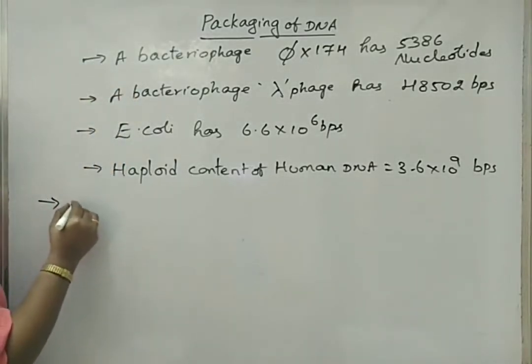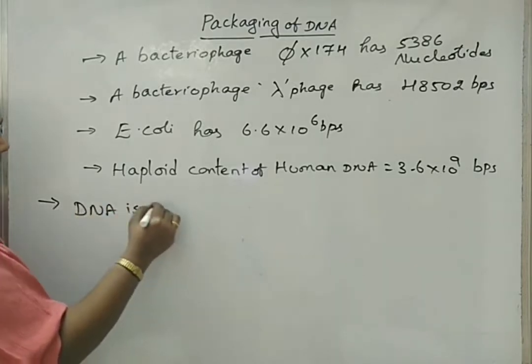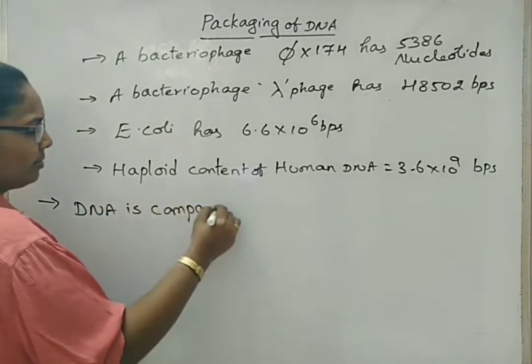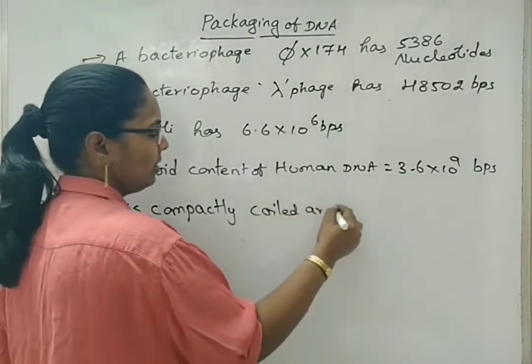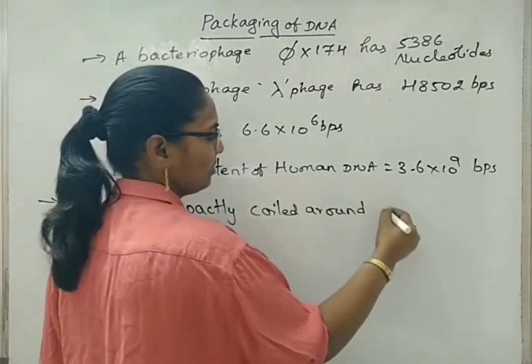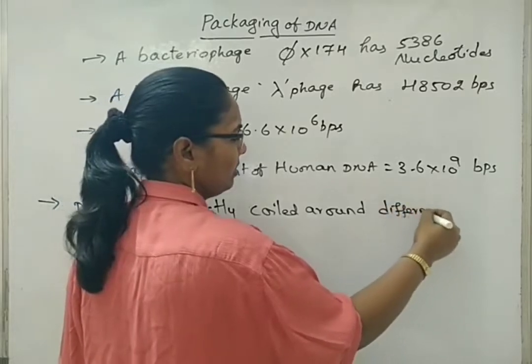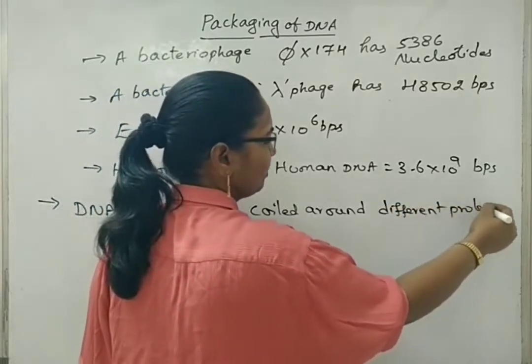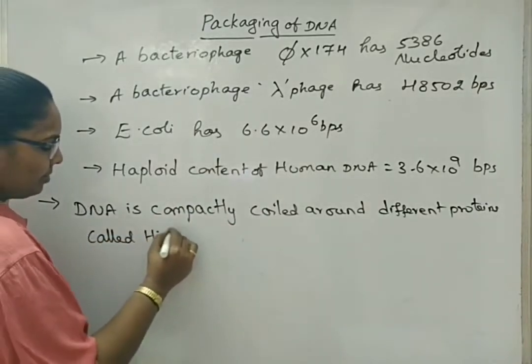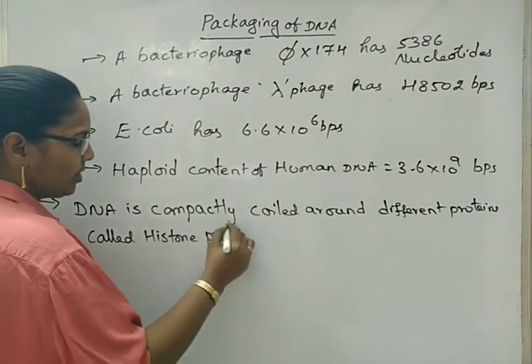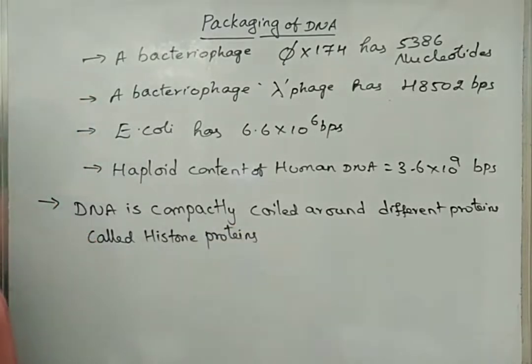Now, we know that DNA is compactly coiled around different proteins called histone proteins. Histone proteins are present only in eukaryotes.